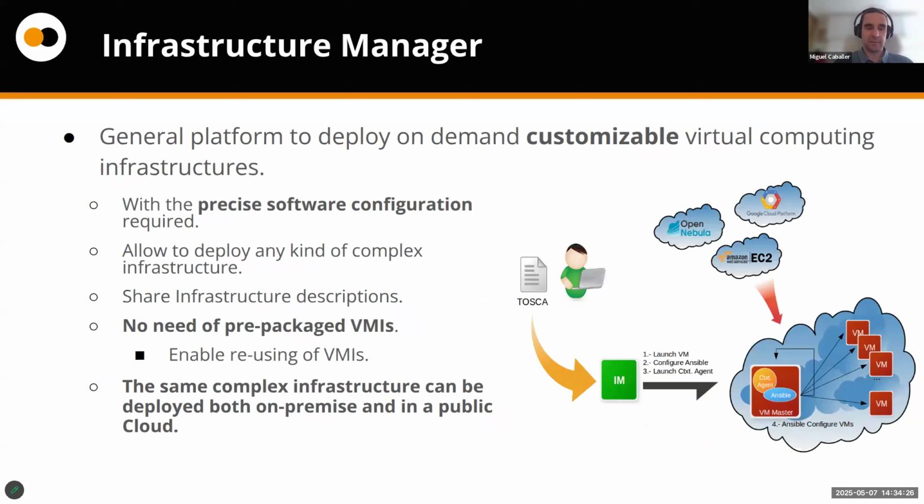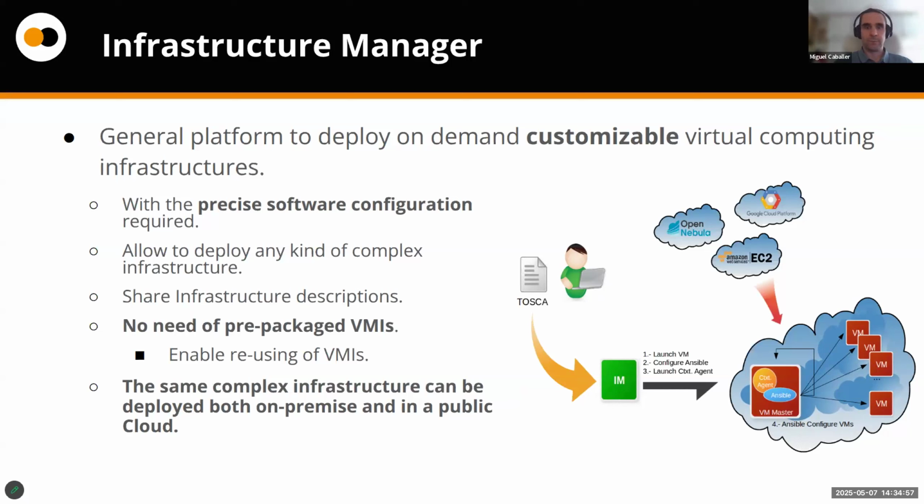The Infrastructure Manager has several features because it enables the deployment of any virtual platform with the precise configuration required by the user. It allows deploying any kind of complex virtual infrastructure. And as we are using this infrastructure as code paradigm, the infrastructure descriptions are text documents that can be easily shared with different users.